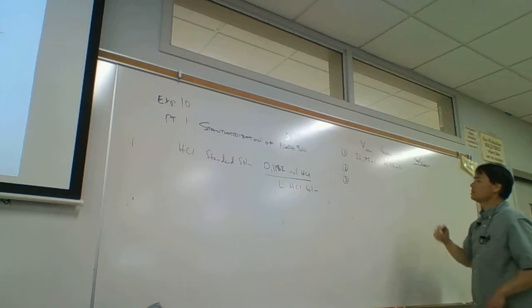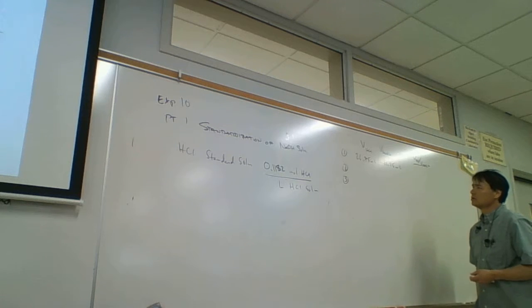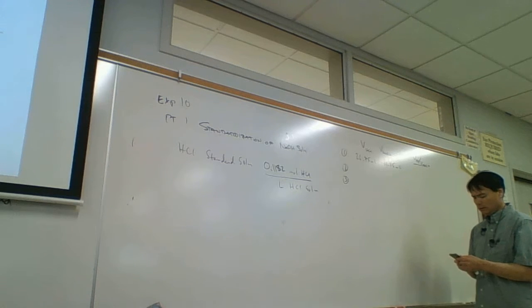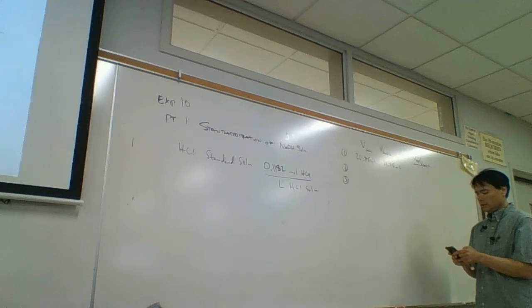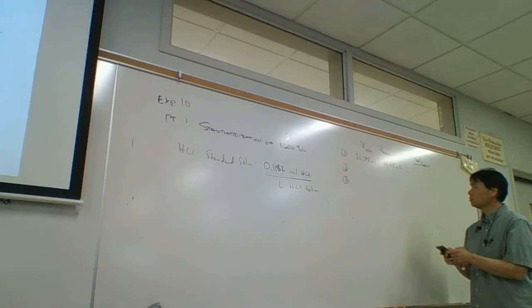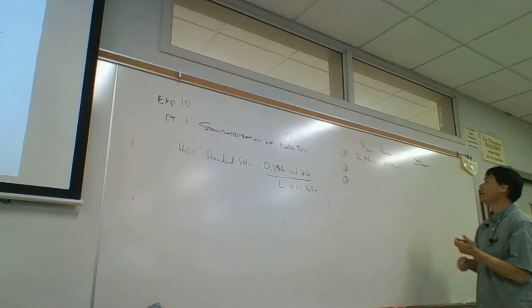Just pick one and stick with it. Do you have that calculated? We got 26.75 divided by 25.25, which is 1.0594.